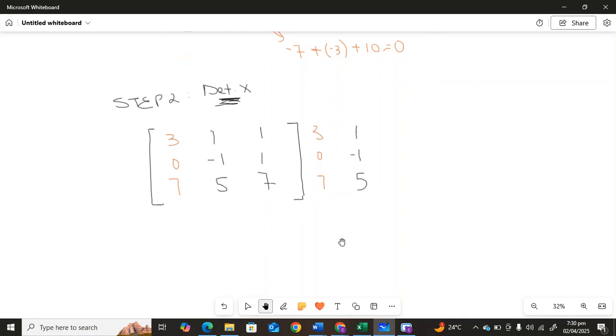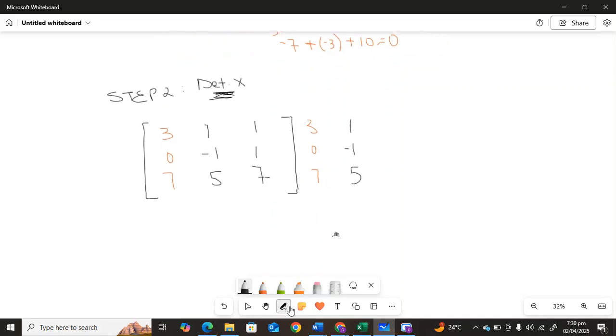So we start with the leading diagonals. If you want, you can start with the trailing, whichever. So you go to your topmost number on the left, 3 multiplied by negative 1 multiplied by 7.